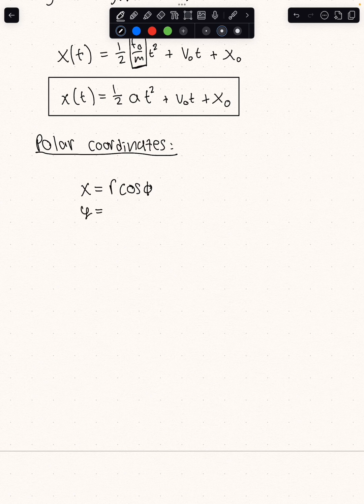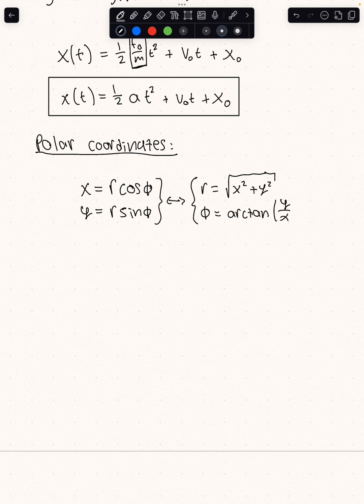Y is going to be r sine of phi. And this is interchangeable. I'll show you what r and phi are going to be. R is going to be the square root of x squared plus y squared. And phi is going to be arctangent of y over x.